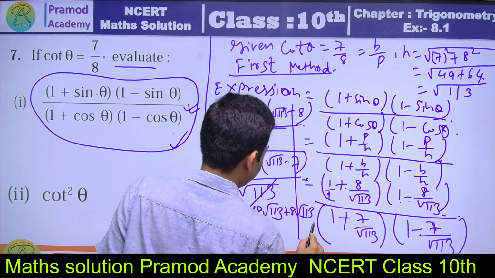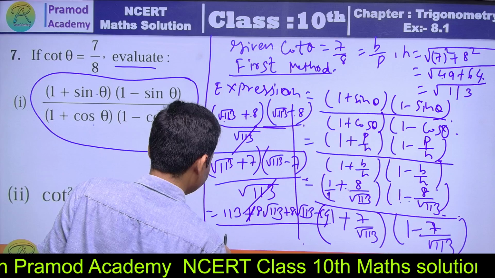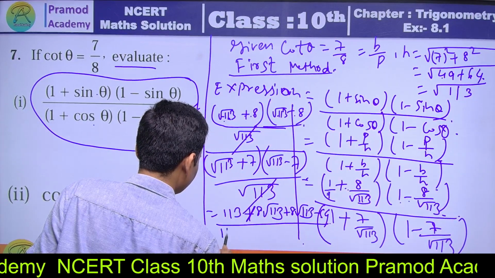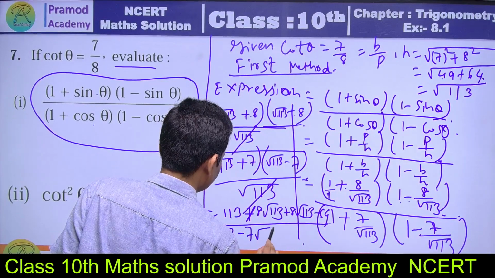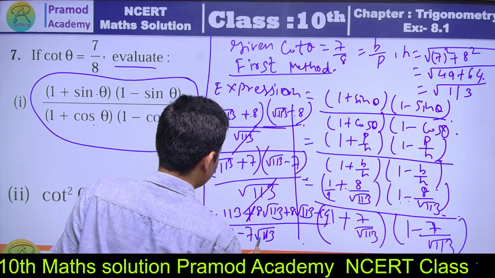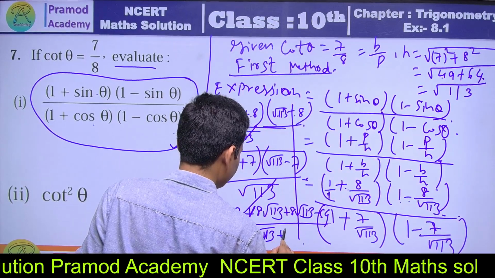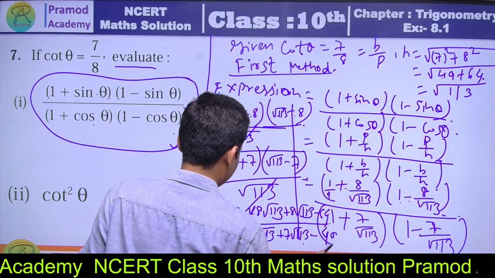This will be minus 64. Minus 64. And this will be 113. And this will be minus 7 root 113. And this will be plus 7 root 113 minus 49.